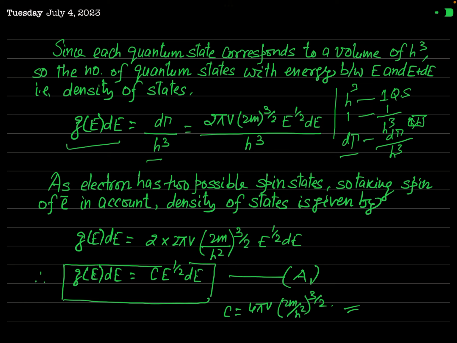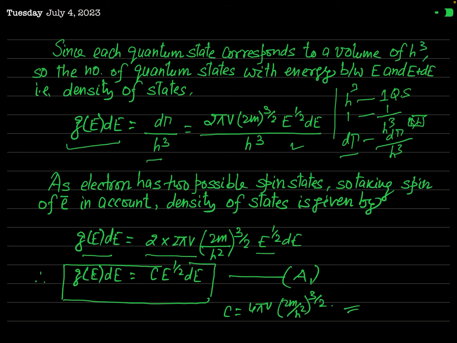So the actual value of the density of states will be twice of this value, and so when we take the spin of the electron into account, the density of states G of E dE will be 2 times that value. So you can write G of E dE equal to 2 into 2 pi V (2m over h squared) to the power 3 by 2 E to the power half dE.